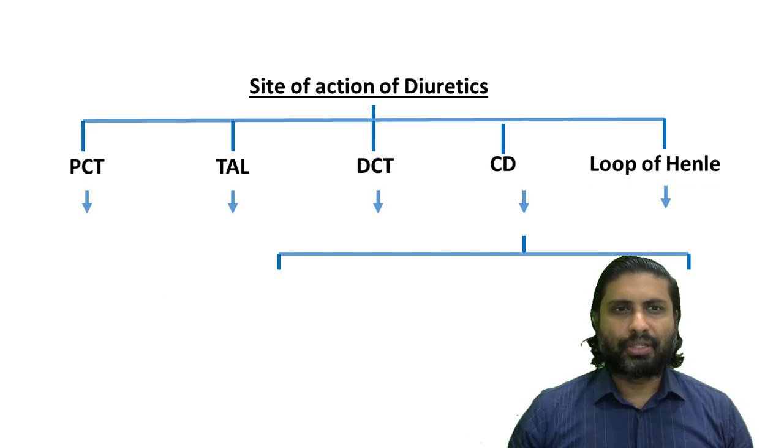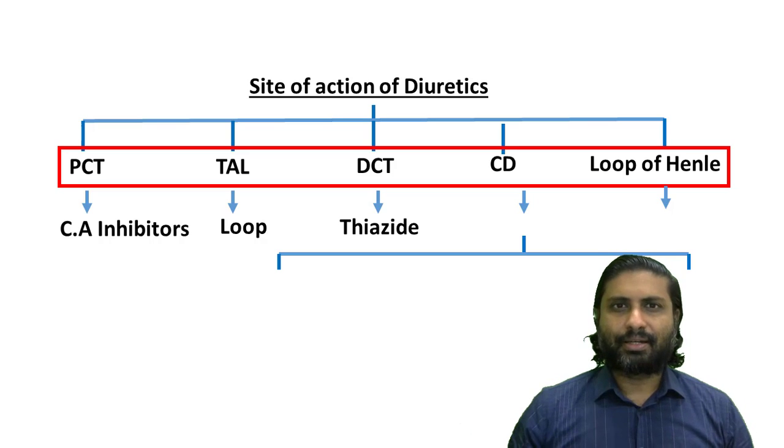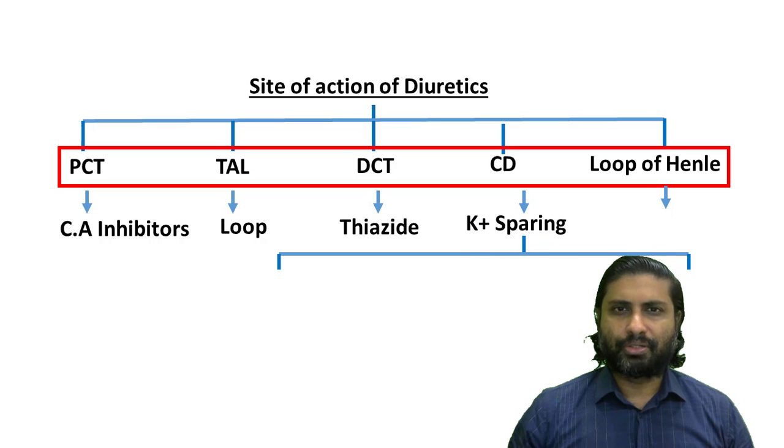Diuretics that act on the proximal convoluted tubule are the carbonic anhydrase inhibitors. Diuretics that act at the thick ascending limb of the loop of Henle are called the loop diuretics. Those which act in the distal convoluted tubule are called thiazide diuretics, while those that act at the collecting duct spare potassium. They leave potassium alone, and therefore they are called potassium-sparing diuretics.